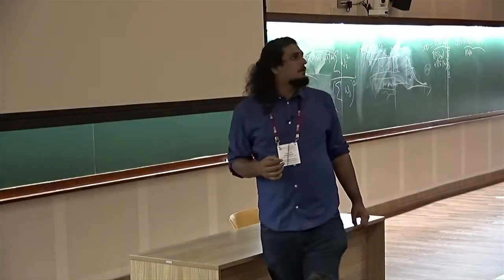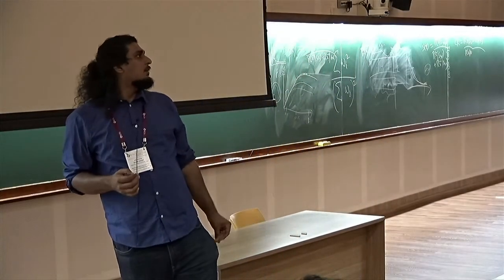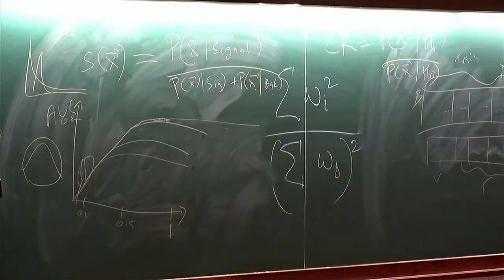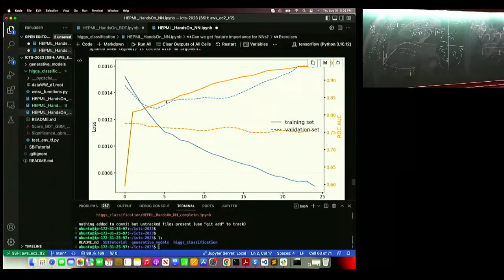Do you guys know what one-hot encoding is? It's super important. It's not glamorous, but it's very important. Earlier I talked about categorical variables like a GGF region and a VBF region, let's say, and I don't know, a VH region.